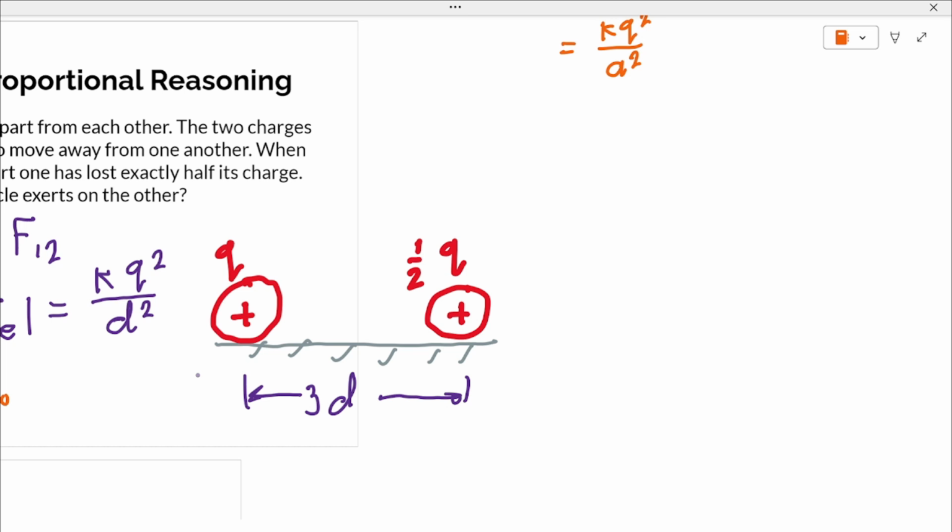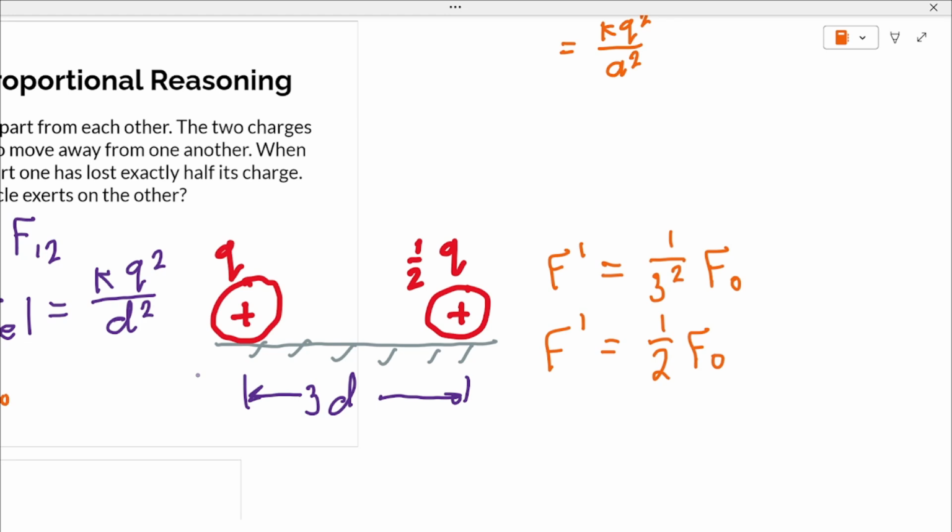So we can reason through this. We know since the two spheres are now 3 times the distance they were, the new force is going to be 1 over 3 squared the original force just from the distance. And since one charge has lost half its original charge, the new force is going to be 1/2 the original force from that.